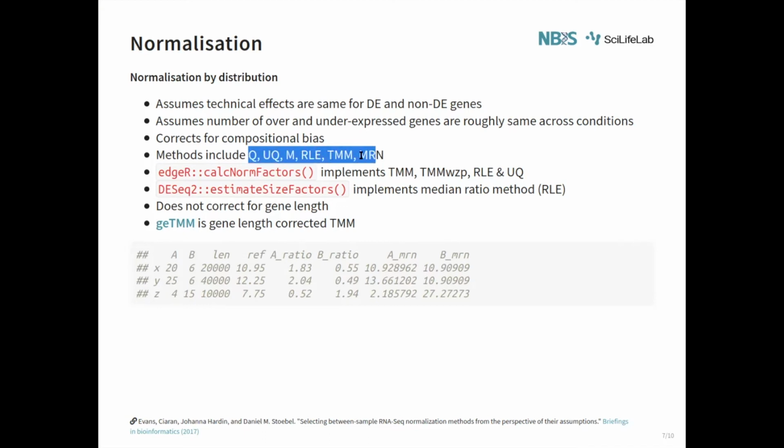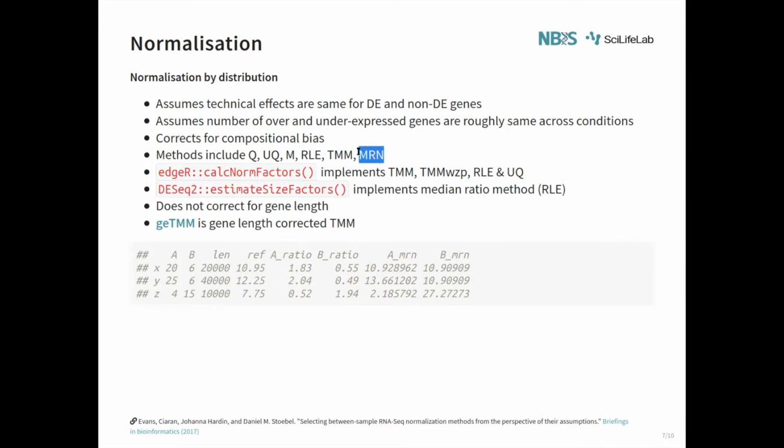There are many different methods here with slight variations. You have Q, which stands for quantile normalization, you have upper quantile, and you have median. You have many other methods. Two of these methods that I want to mention are TMM and MRN. MRN is DESeq2's implementation for compositional bias correction, and TMM is from edgeR.